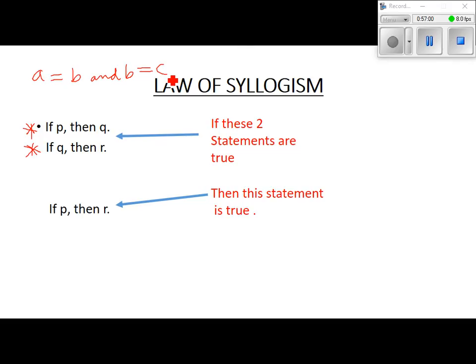A equals C. And that's sort of the same thing here. If P tells us Q, so P goes to Q, and then Q goes to R, guess what shorter route we could take? Then P goes to R. That would be our conclusion. Then P is going to tell us R, and we know that that's going to be a true statement.